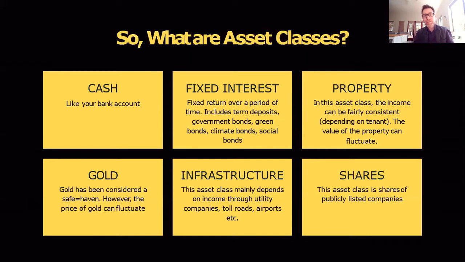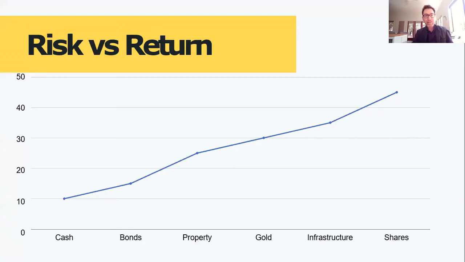Infrastructure, this asset class depends mainly upon income through utility companies, toll roads, airports, etc. And of course, shares. This asset class is typically publicly listed companies, and you owning a share of those companies. So each of these asset classes has a level of return that correlates with risk.